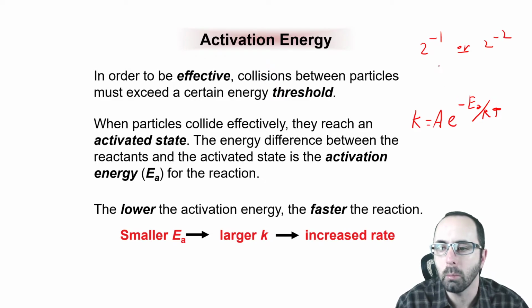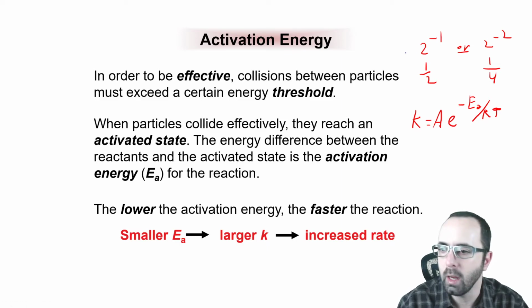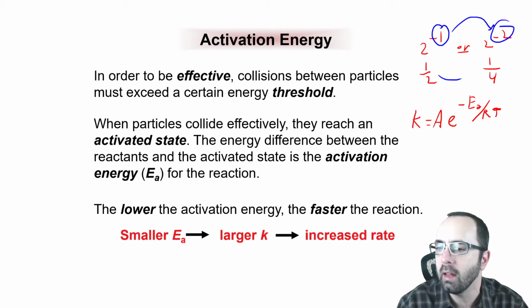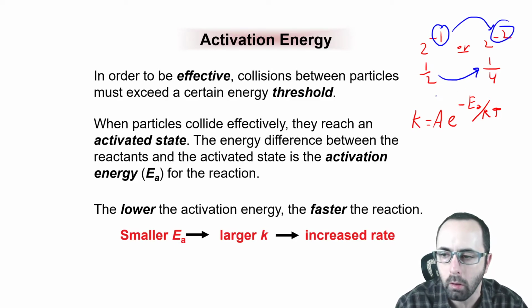Let's use simple numbers. Well, this is 1/2, and this is 1 over 2 squared, or 1/4. So you can see that when the negative exponent becomes more negative, the value becomes smaller for the exponential overall.